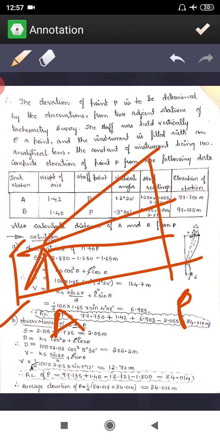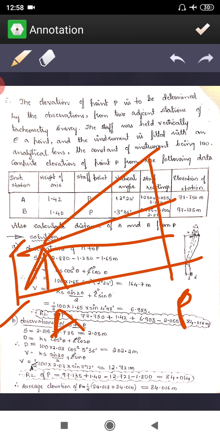Now here, we first have to understand which case this is, whether the line of collimation is horizontal or inclined. If you take any sense, it is going to give you the same answer. So first we are going to go with the line of collimation as inclined.